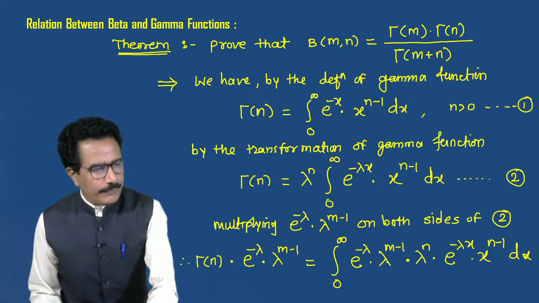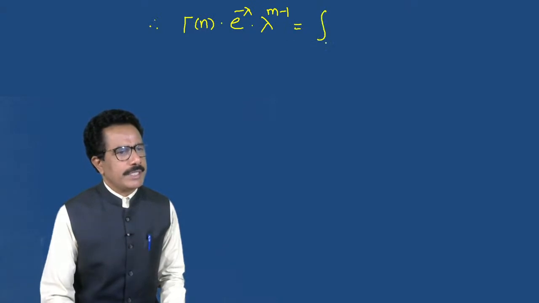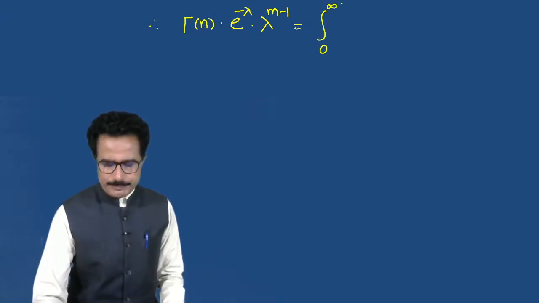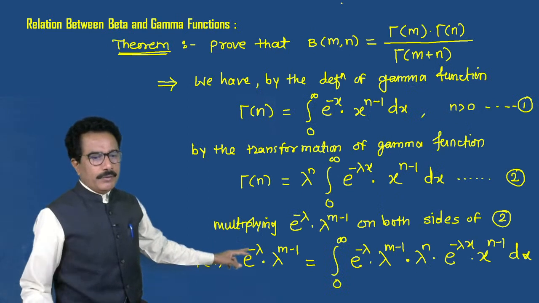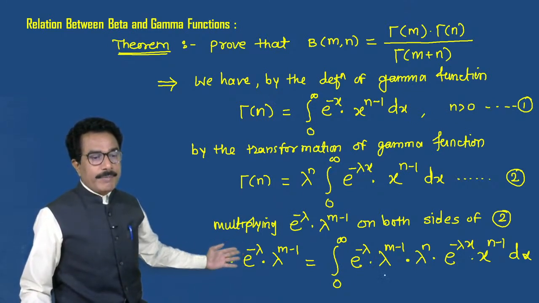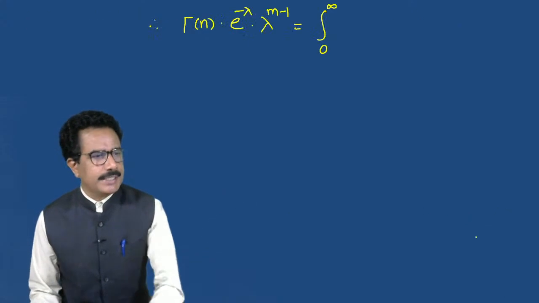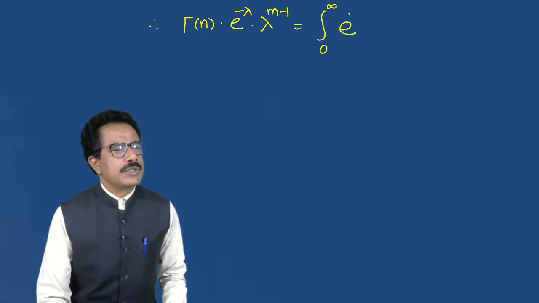Okay. So we can write, tell me if anything is changing, gamma of n into e raised to minus lambda into lambda raised to m minus 1 which is equals to integral from 0 to infinity. So we can write this e raised to minus lambda into e raised to minus lambda x.